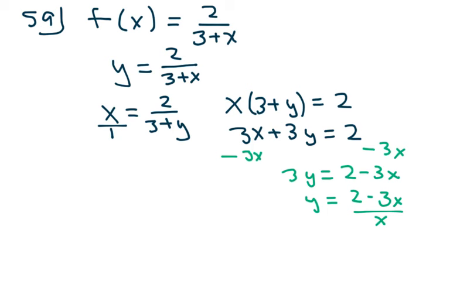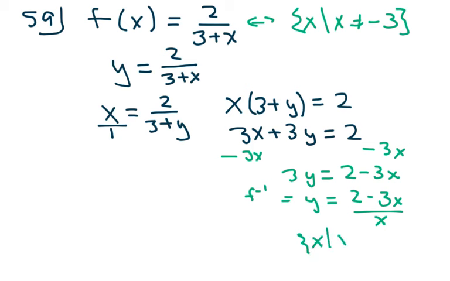Okay? Now, we know here the domain for f is x, but x cannot be what? Negative 3. And the domain for f inverse is x, all reals, but x cannot be 0.